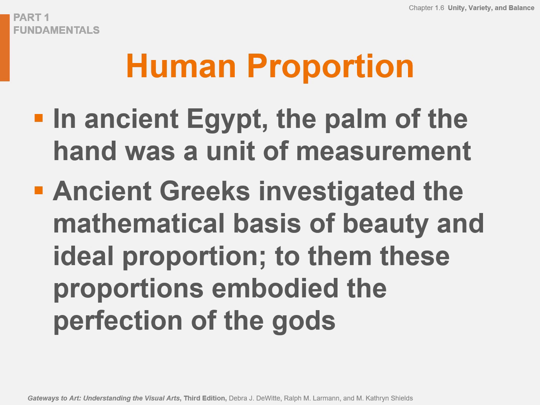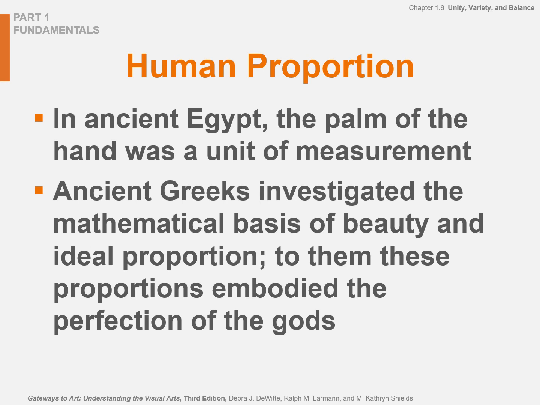If they hold their thumb up and they're looking at a tree off in the distance, they can say, okay, if I compare it to my thumb, from where I'm standing, that tree is, let's count down, 1, 2, 3, 4, 5, 6, 7 thumbs. So I can then say on my paper, it needs to be 7 thumbs tall. So they can use that relationship between their own bodies and what they're looking at as a way to accurately understand the proportion of an object.